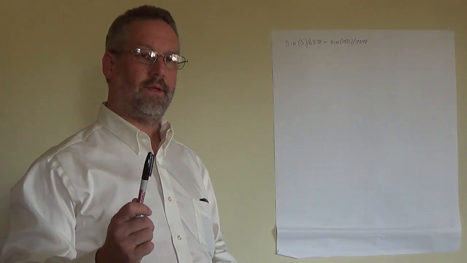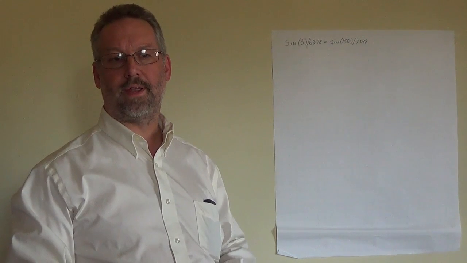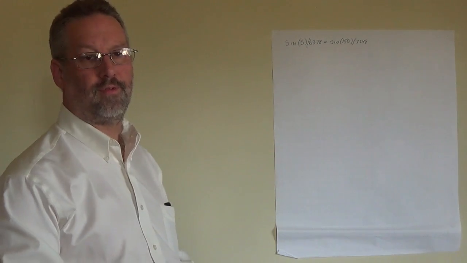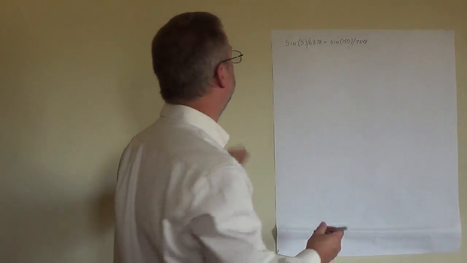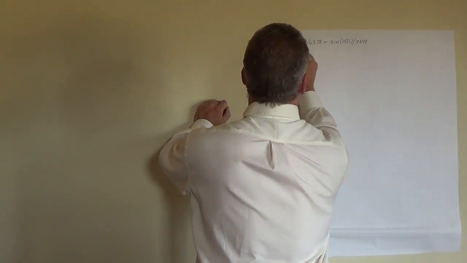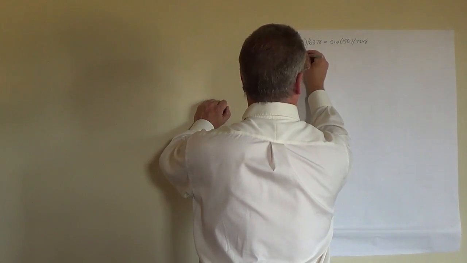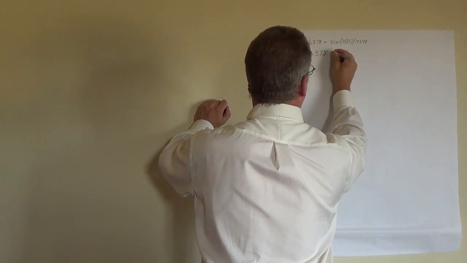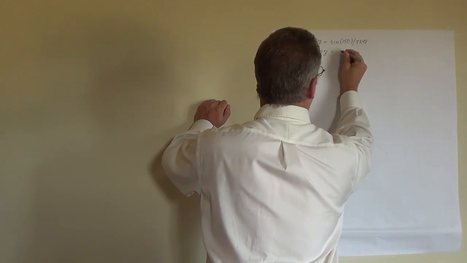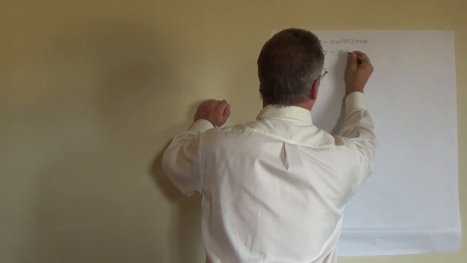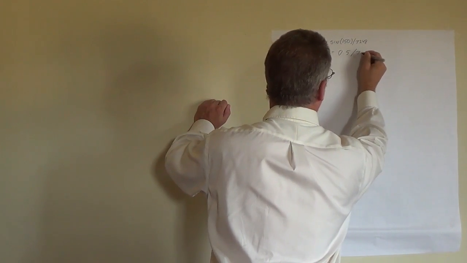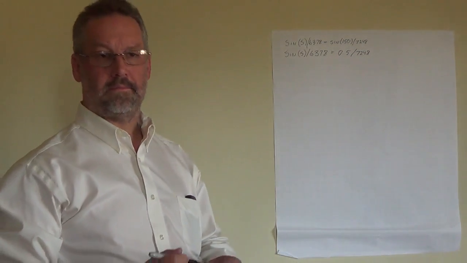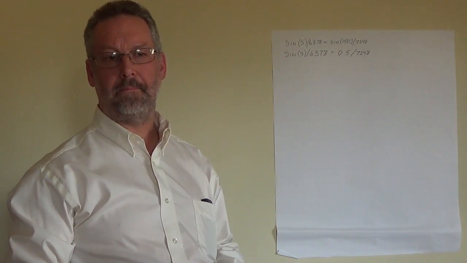Now, if we run the numbers, we find that the sine of 150 is 1/2. So let's throw that up there real quick. The sine of S over 6,378 is equal to 0.5 over 7,248. Well, that's not so bad.